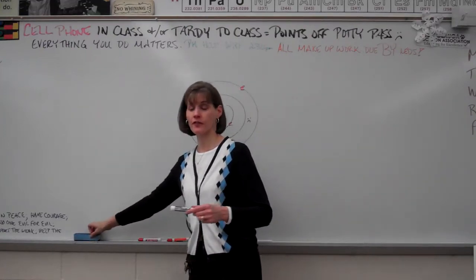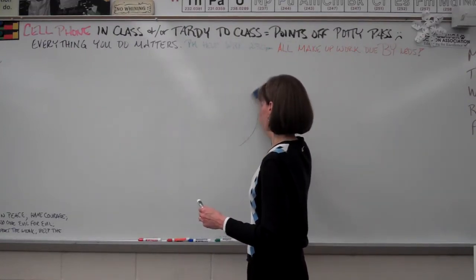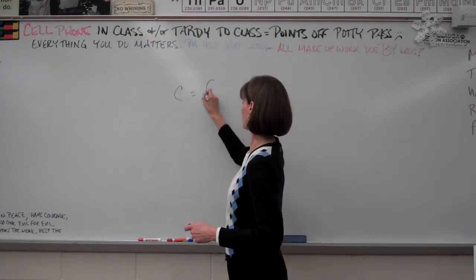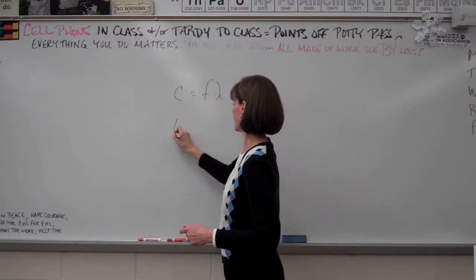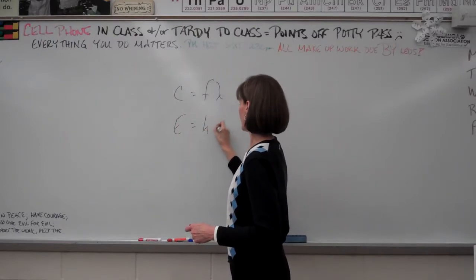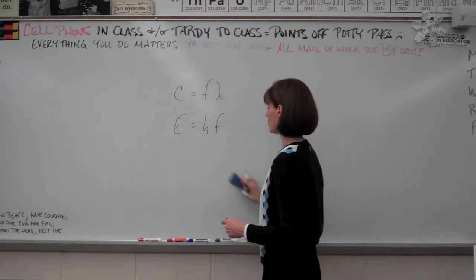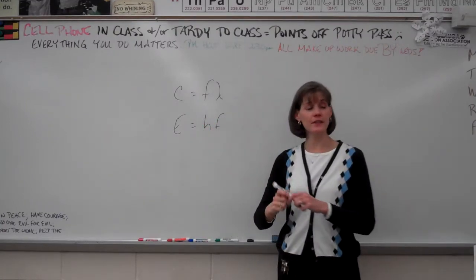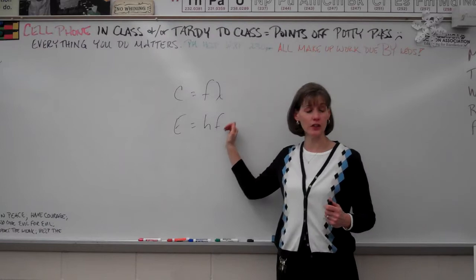This in the first half of the videos, or the test hints. But let's just throw up those equations again. C equals F lambda and E equals HF. Louis merged those together, realizing that frequency was a component of each equation.